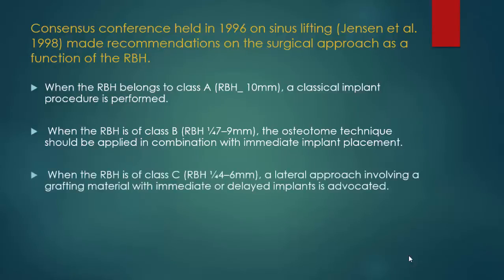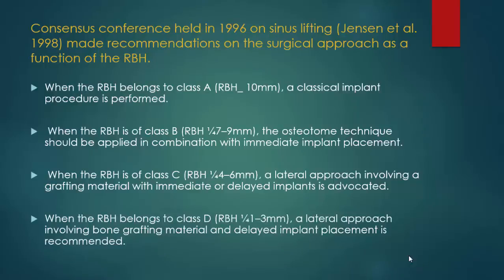Class C, when we have 4 to 6 mm of alveolar bone height, a lateral approach involving a grafting material with immediate or delayed implant placement. And the last one is class D, when we have 1 to 3 mm of alveolar bone height, a lateral approach involving a bone grafting material and delayed implant placement is recommended.